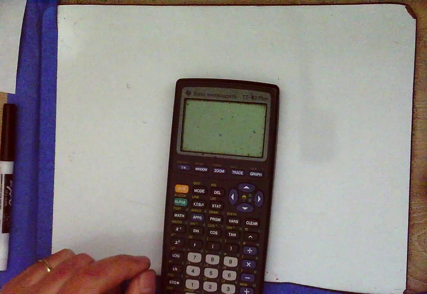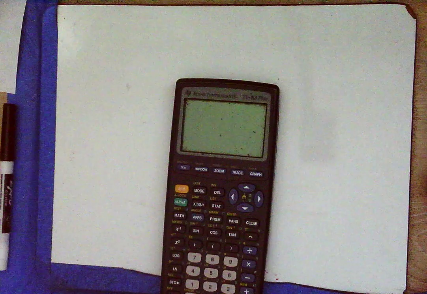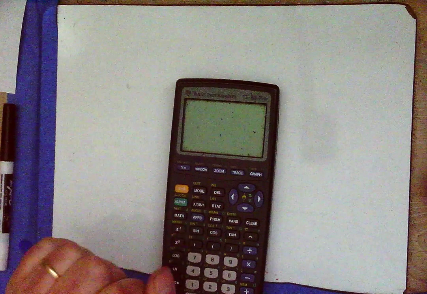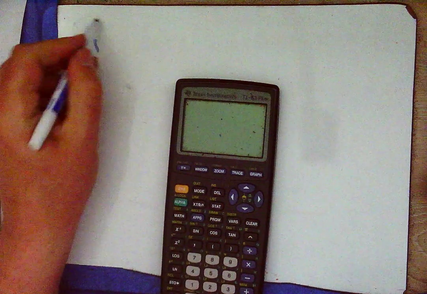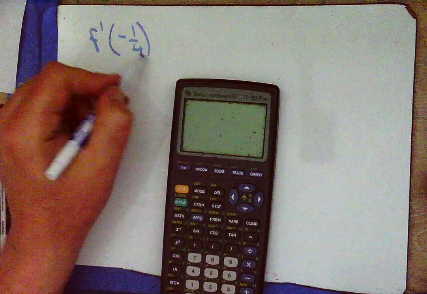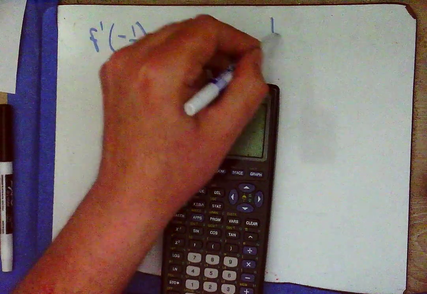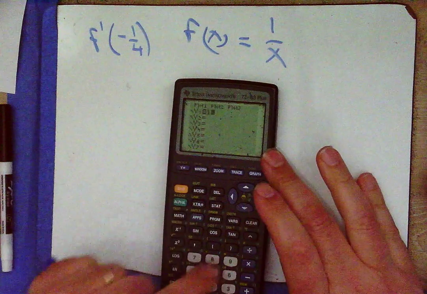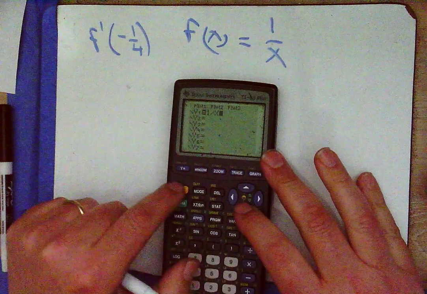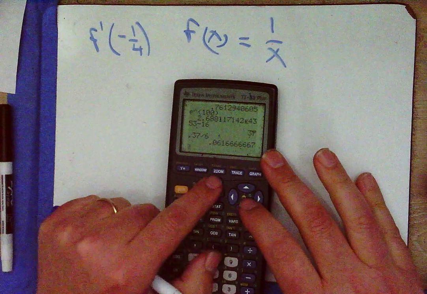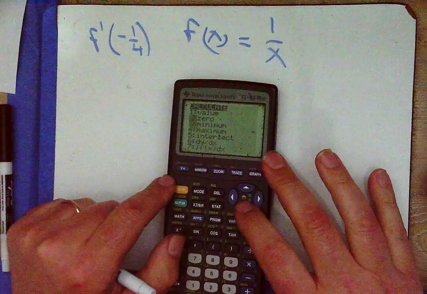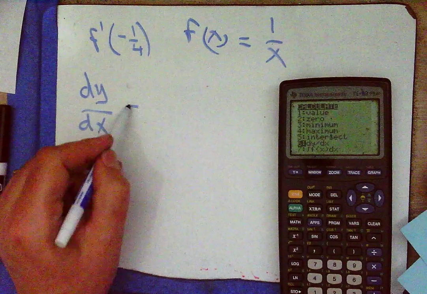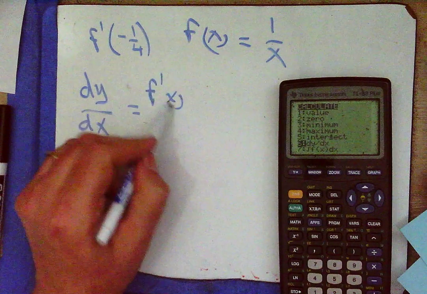Well, I'd like to take a moment to show you how to do slope at a point on your calculator. Of course, if you have a newer calculator, it's going to look a little different, but you're going to find it in the same place. So if I want to know f prime of negative 1/4 when f of x is equal to 1 over x, I can come over here to my calculator and type in 1 over x for f of x, and then I can do second, calculate, dy/dx. dy/dx is a synonym for f prime of x.